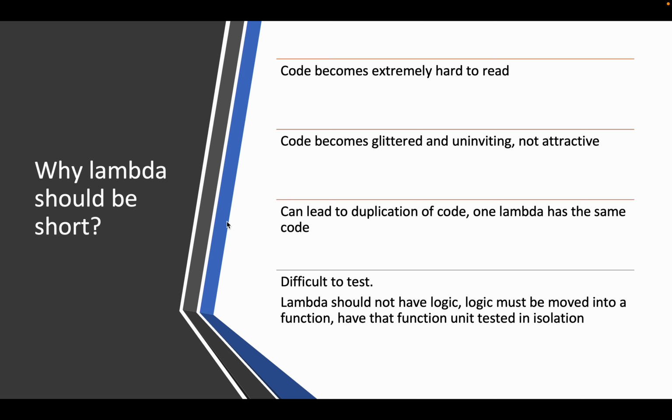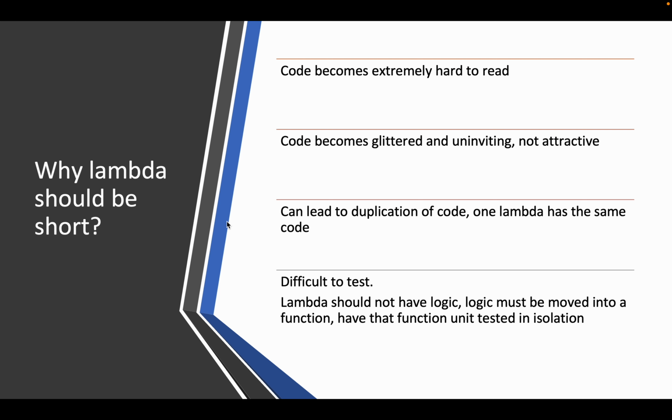Besides that, you find that you have code that is cluttered, uninviting, completely unattractive, especially if you are using lambdas maybe with streams, and then you have that chaining, where you are gluing lambdas in the chain. If you have code there, you don't have glue code, you may not even be able to read that particular line of code, it will become completely uninviting.